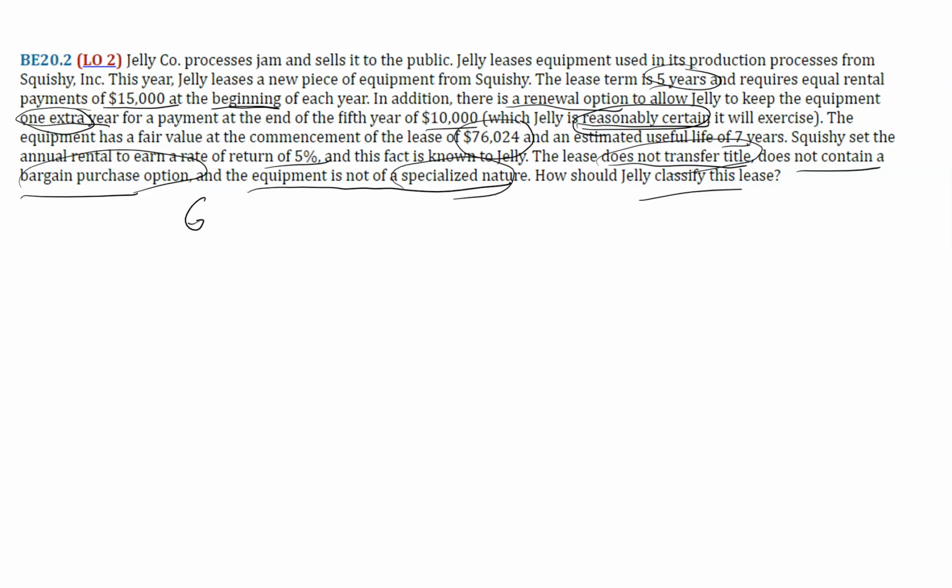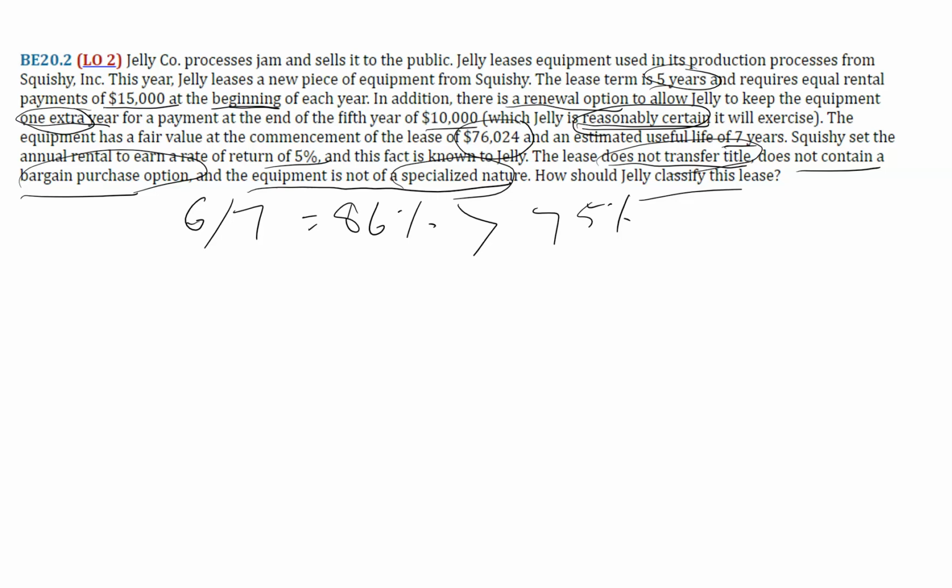The total life is 7 years. 6 divided by 7 is close to 86%, which is greater than 75%. That means the economic life test is met here because the lease term is greater than 75% of the life of the asset, so we can classify it as a finance lease based on this test.